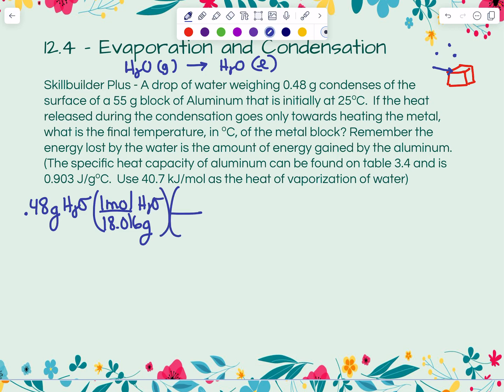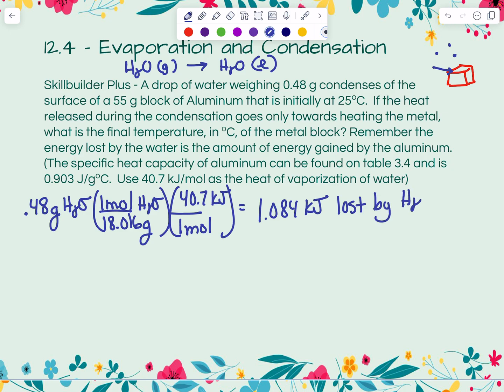And then from the table, I know that the delta H of vaporization of water is 40.7 kilojoules per mole. So what does that tell me? That tells me that 1.084 kilojoules of energy is lost by the water. But what that also tells me is that 1.084 kilojoules of energy is gained by the aluminum.